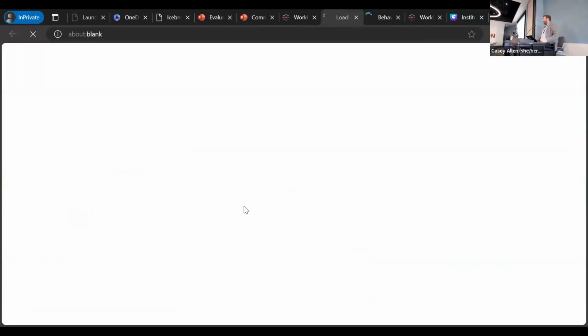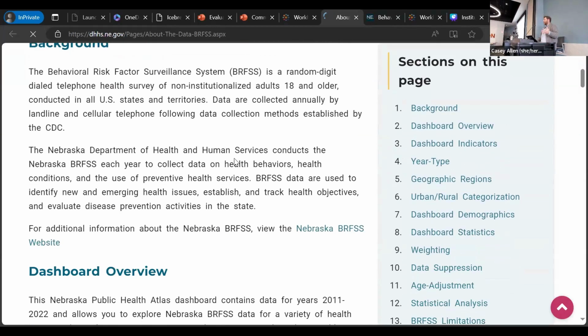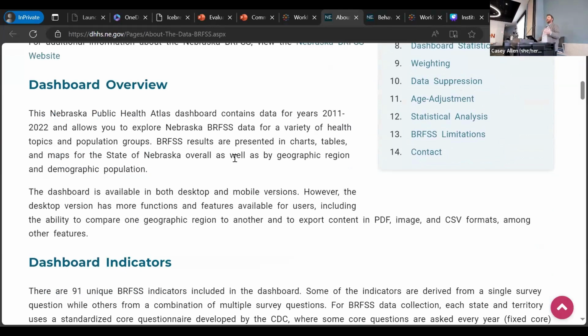And then if you go to the About the Data tab, the About the Data tab will give you more background on the BRFSS, but it will also give you an overview of the dashboard and all of the indicators contained therein. So this is really going to be where you want to go when you're looking for the sources of these data, trying to get additional context if you're actually writing these up.